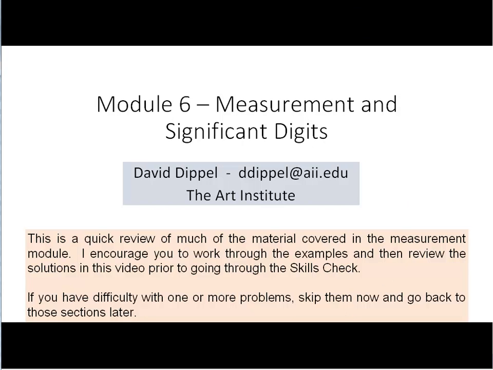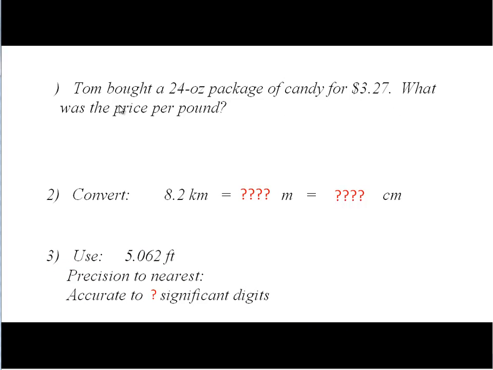Okay, on the first one, it says Tom bought a 24-ounce package of candy for $3.27. So we're going to take our $3.27 price per pound. Now you need to remember 24 ounces is ounces, so we need a conversion: 16 ounces per pound. So that's your conversion. 24/16 is how much you have.